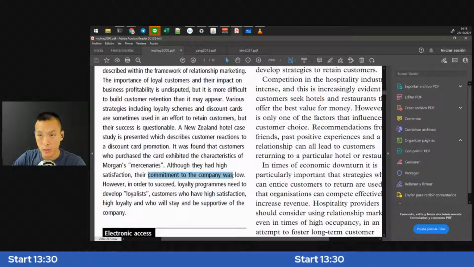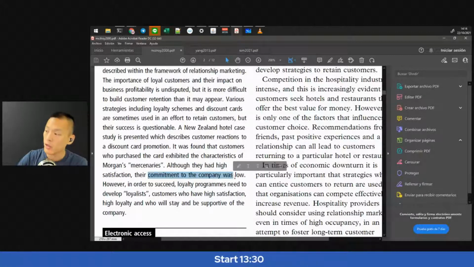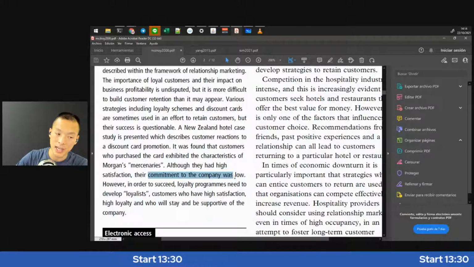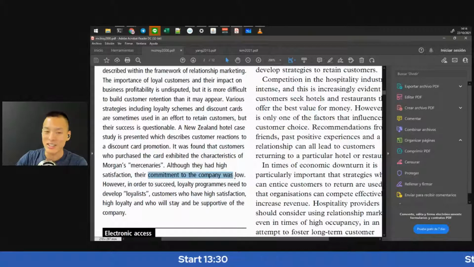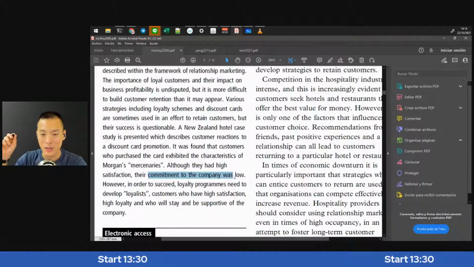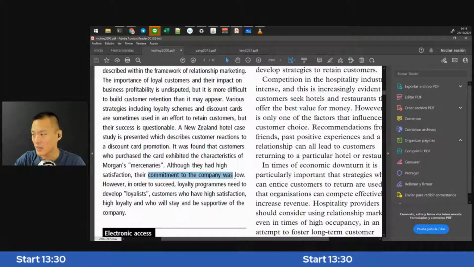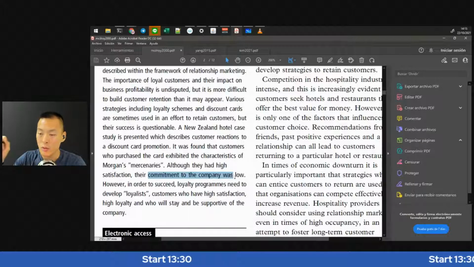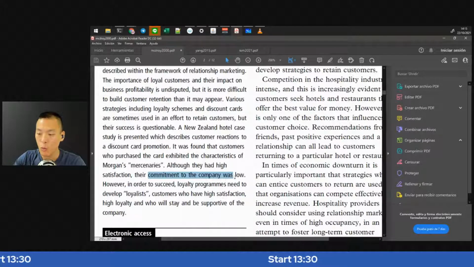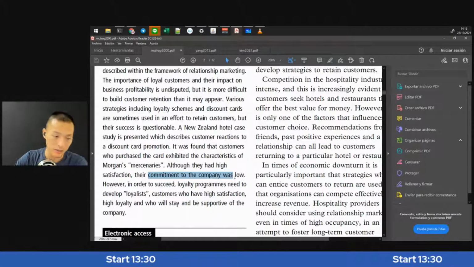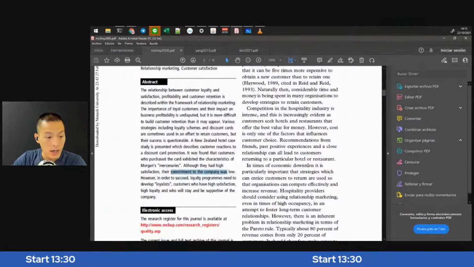They might be really happy when they come and stay at your hotel because of the discount, but once the discount is gone, they are gone. They go to another hotel with a similar discount, right? So if you do discounts at your hotel, you will not have loyal customers. You will have customers who come in and stay one time at your hotel and then leave and go find another deal somewhere else. All right.